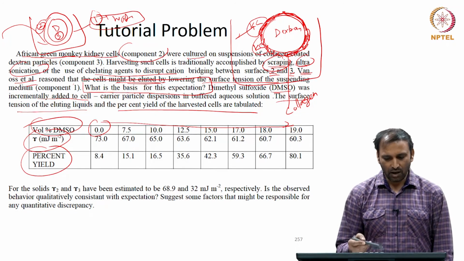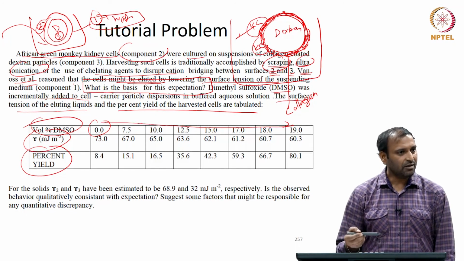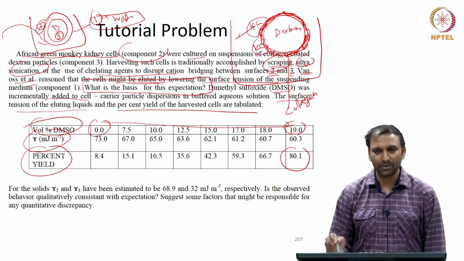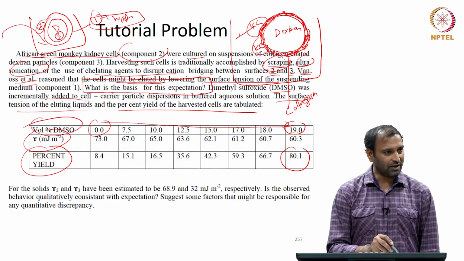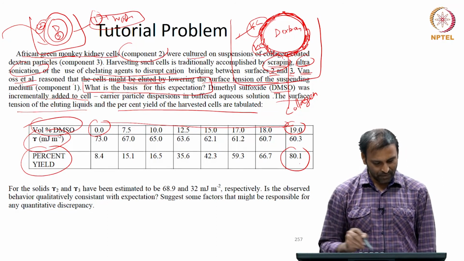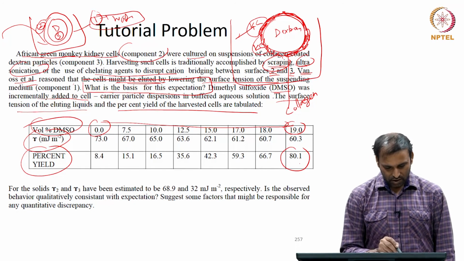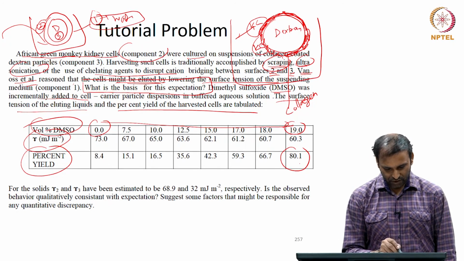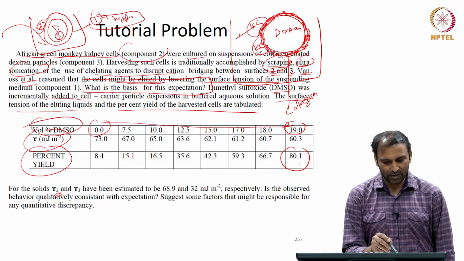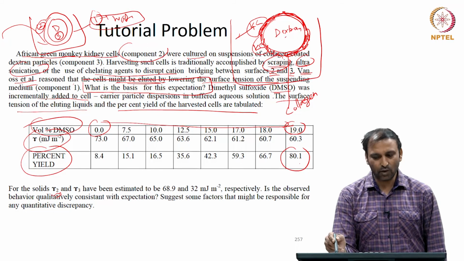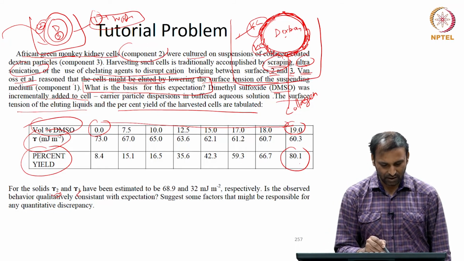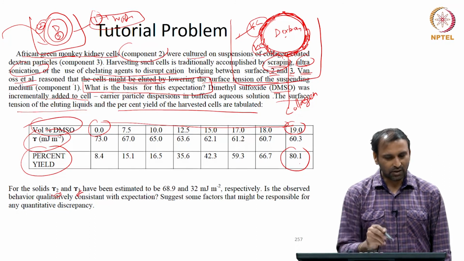That means the amount of cells that have been extracted or eluted, and it turns out that if you add about 90 percent by volume of DMSO, your yield goes up to 80.1 percent. For the solids, because 2 and 3 are solids, your 3 is a dextran particle coated with collagen, that is a solid particle, and 2 is the kidney cells.